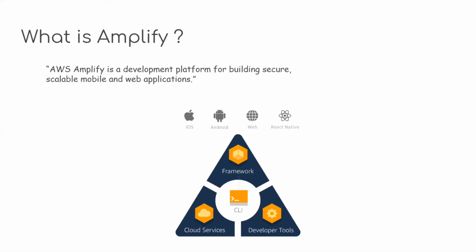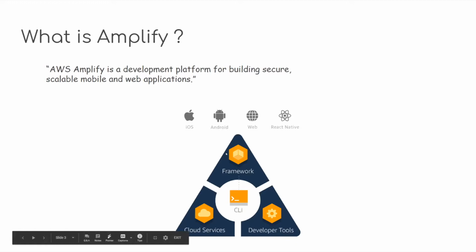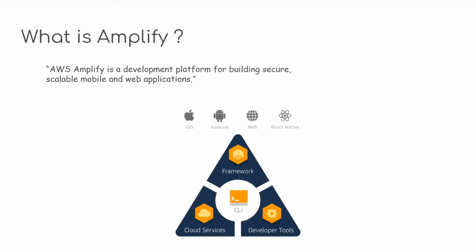The Amplify platform comes in three aspects. First we have the framework, which is an open source framework that provides a set of easy to use libraries, UI components, and a CLI tool to easily build backends and integrate them with your front end.